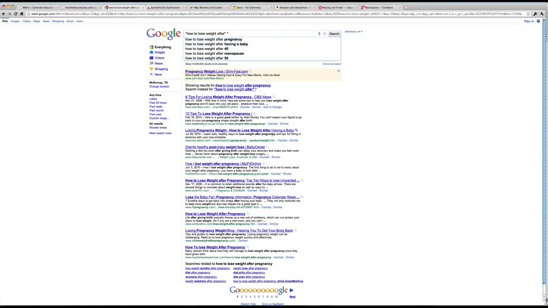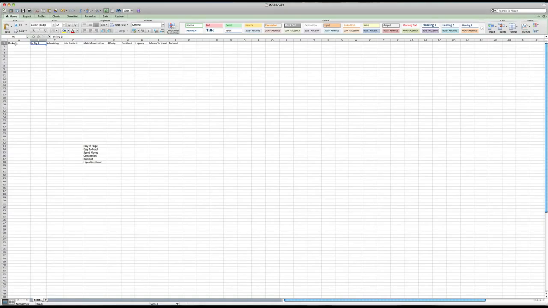So what you can do is, as you get these ideas, you come over here to the market, and when you write down the market, you don't want to put necessarily the search, you can put the search if you want, but in the case of brides, what we would do is we would put weight loss for brides.